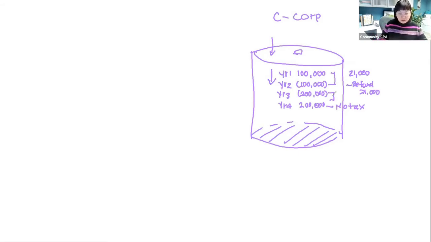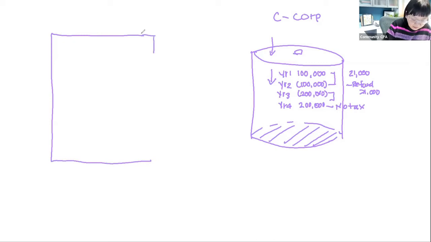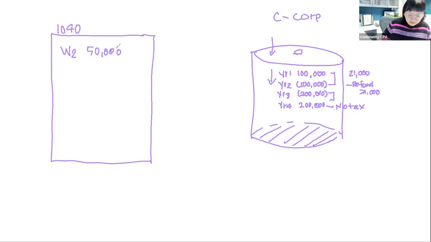It doesn't come out. So what if I have my 1040 here, and I make my W-2 income, and I'm just the kind of person who doesn't want my business to interfere with me.